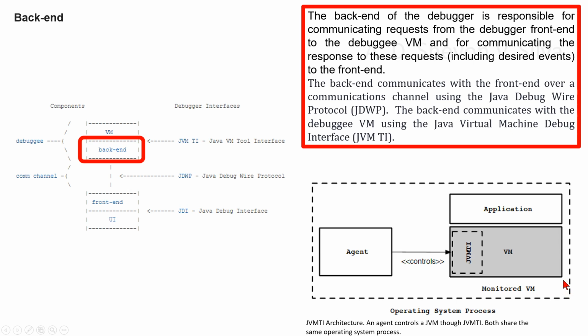Originally called Java Platform Debugger Architecture (JPDA) and used in the context of debugging, it was extended to support other use cases such as monitoring and profiling. JVM TI exposes C functions to manipulate the Java VM.